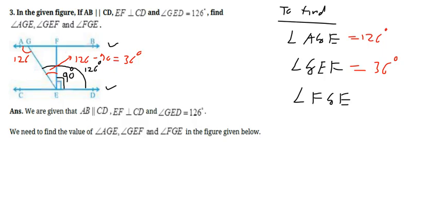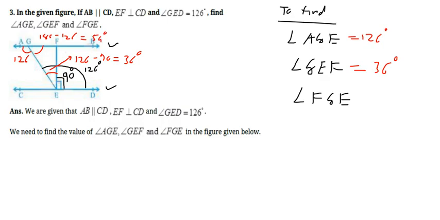Now see FGE. Yes, it will be a linear pair: 180 minus 126. How much is it? 54 degrees.